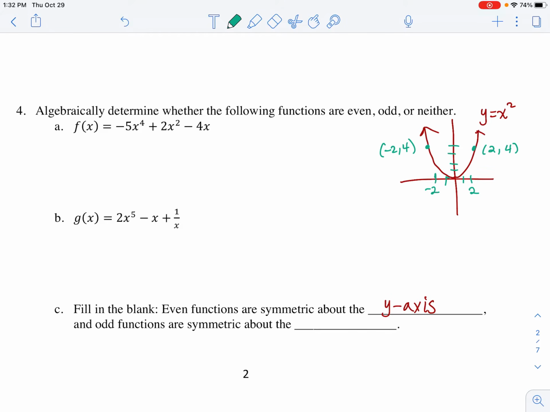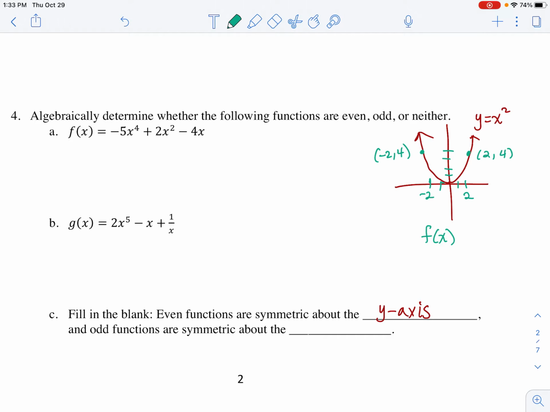That's what makes it symmetric about the y-axis. So instead of just 2, how about we generalize and say the function value for f of x, the value that you will get if you plug in x into the function, will be the same if you plug in a negative of that. If this happens, then you have an even function.